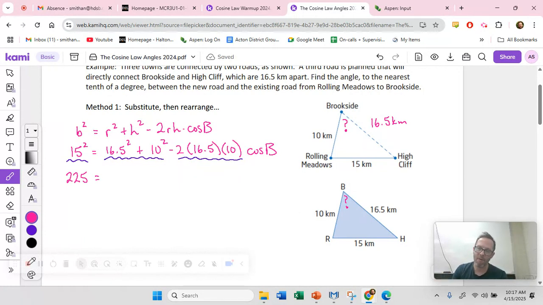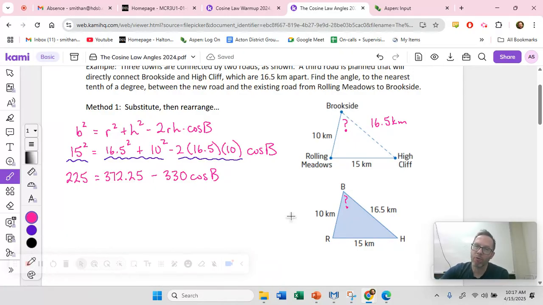Let's do 16.5 squared and 10 squared all at once. No need to round here. That's 372.25. And then we have minus 2 times 16.5 times 10, which I think is 330, times cosine B.